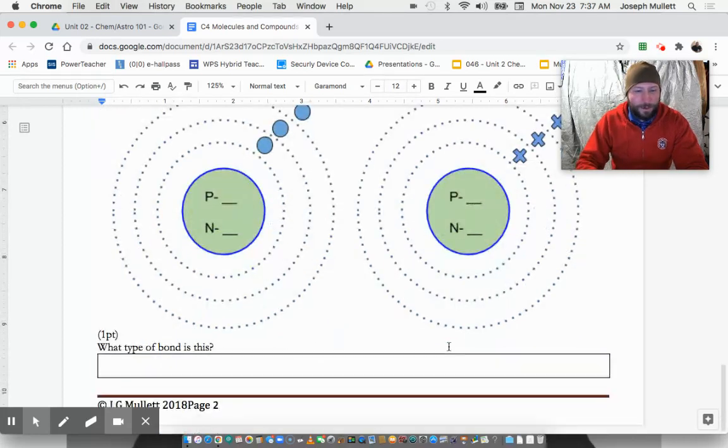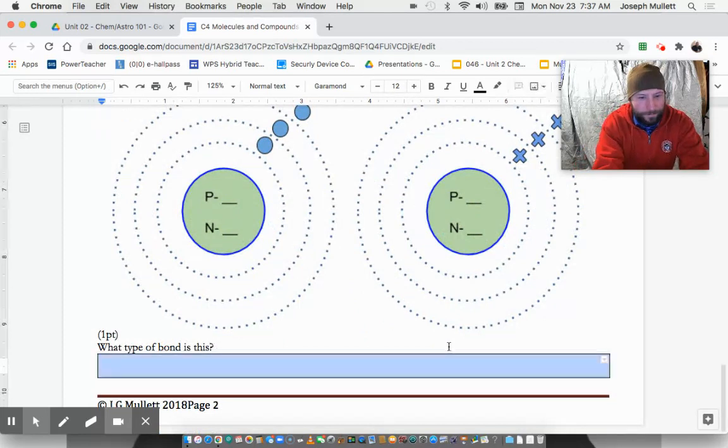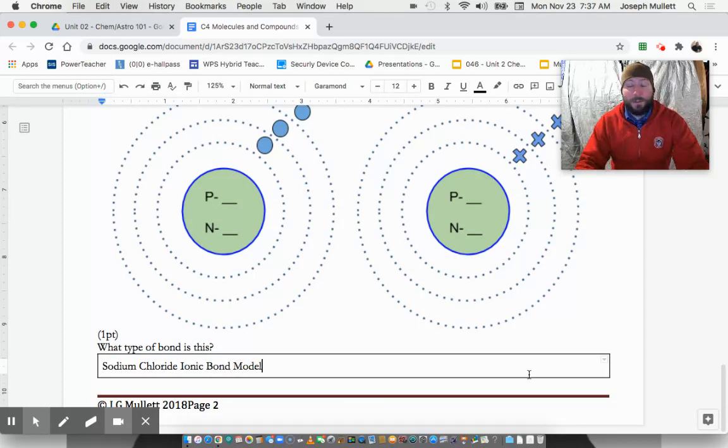So if you Google sodium chloride ionic bond model, you should find some pictures. They're going to show you how to go and set up the electrons, at which point just go ahead and do this to both of these.